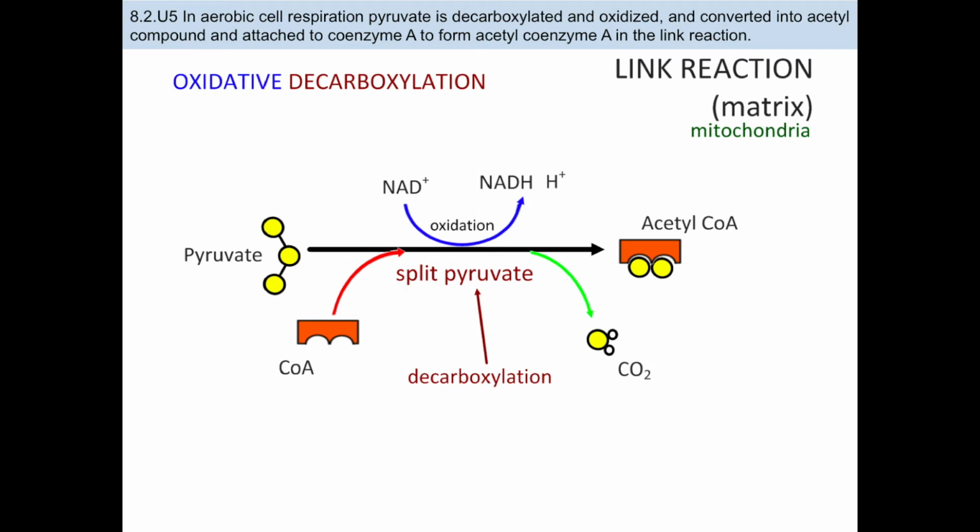So once it's in the matrix, pyruvate is oxidized and decarboxylated, and it produces NADH, acetyl coenzyme A, and carbon dioxide. This is called the link reaction. Link, because it's going to link what's happening in the cytoplasm to what will happen in the mitochondria. All right.